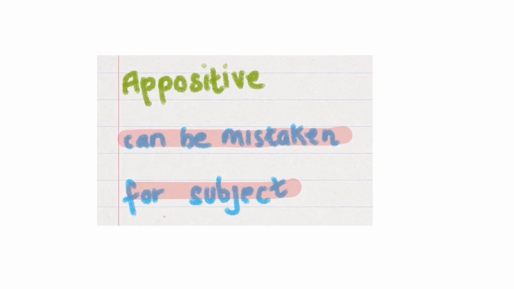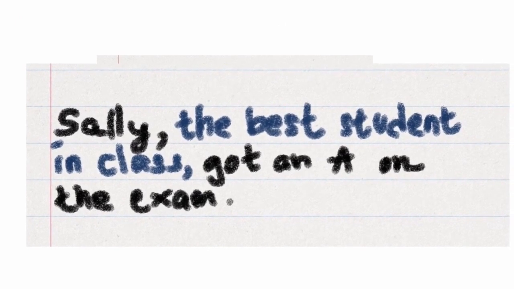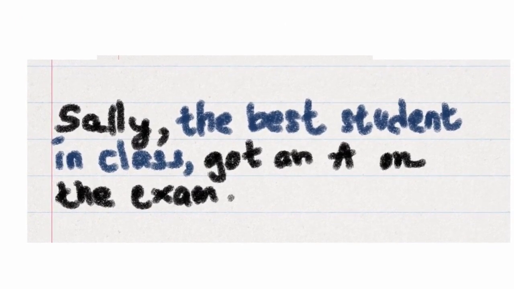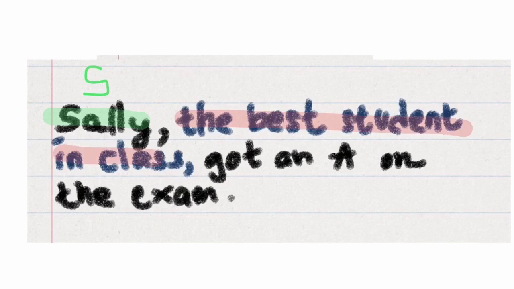Now let us see this sentence. In this example, Sally is the subject of the sentence and the best student in the class can easily be recognized as an appositive phrase because of the noun student and because of the commas.